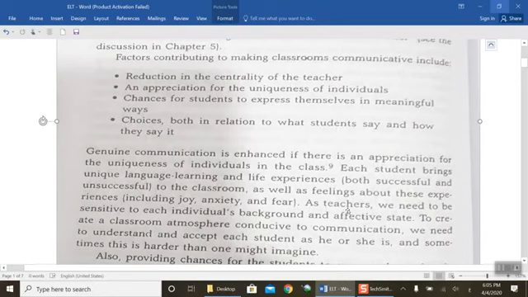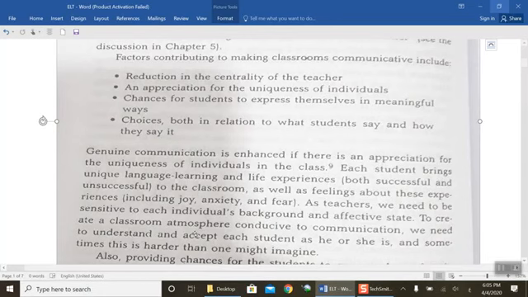So you bring with you life experience, learning experience, as well as feelings about this experience: joy, anxiety, fear. As teachers, we need to be sensitive. You as teachers in the future have to be sensitive to each individual's background and affective state, to create a classroom atmosphere conducive to communication.